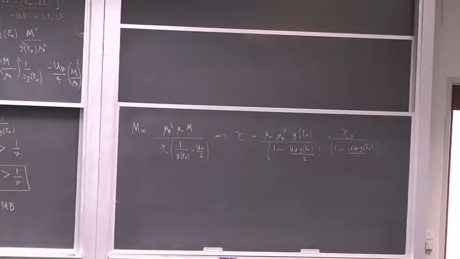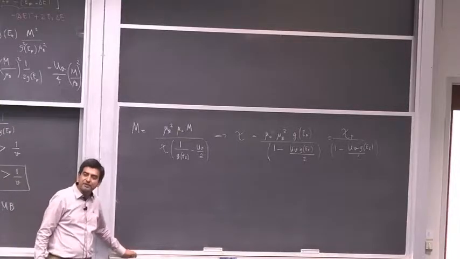Because the Pauli susceptibility did not take into account any interaction between the electrons. So now we have interactions between the electrons, which we are modeling through the Hubbard interaction. So that increases the susceptibility.